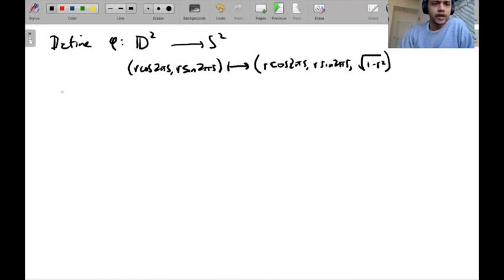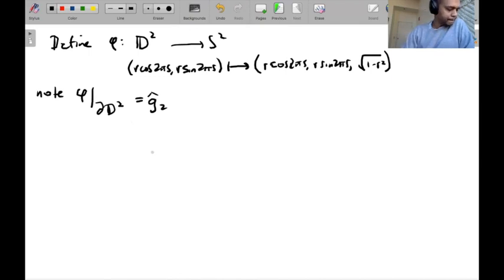This is this map, so note that phi restricted to the boundary of D2 is exactly G2, right? And the boundary is when r is equal to 1. And then we see exactly the formula for G2, or I guess it's G2 hat. It's a map of the circle.